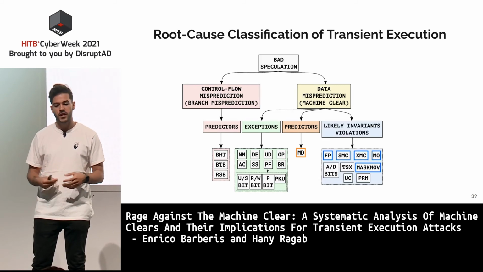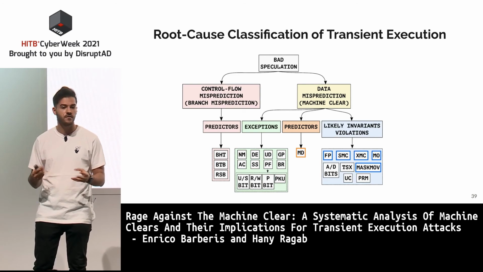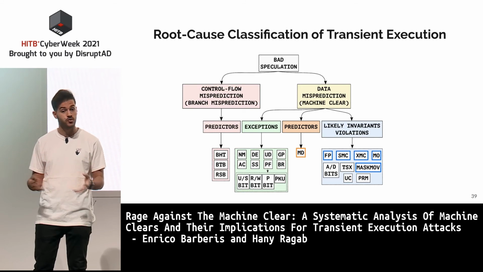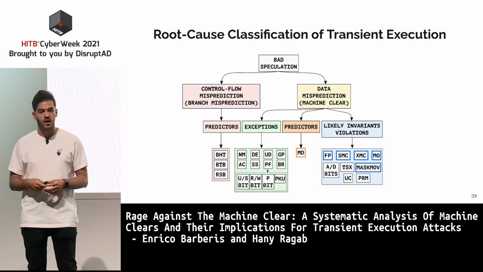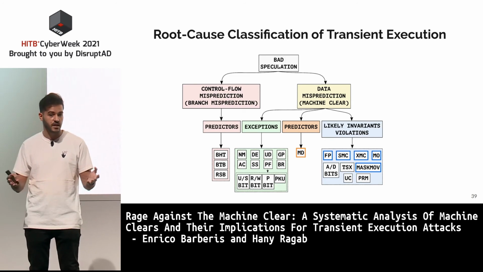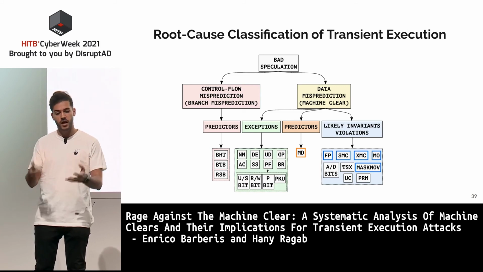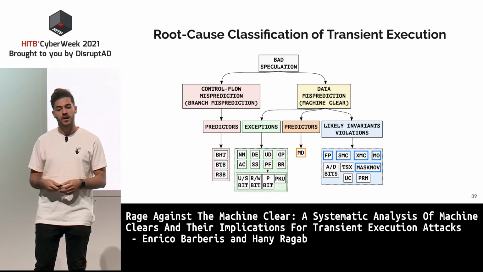And then we created this new subclass of data misprediction, called likely invariance violations, which represents all the architectural invariants that usually hold but occasionally fail. For example, in the case of a floating point machine clear, it assumes to be working on normal numbers, and that's correct because everything works fine in that case. But whenever a subnormal number occurs, then this invariant is violated.